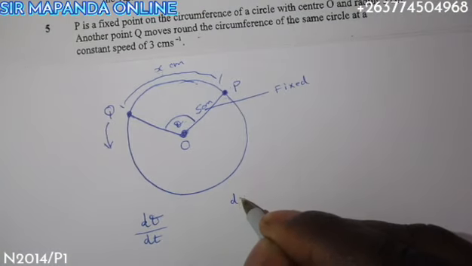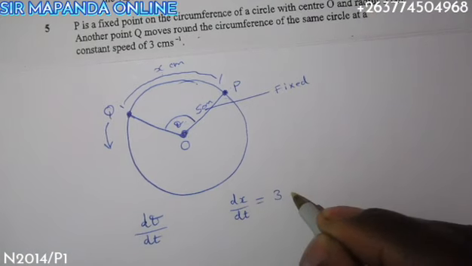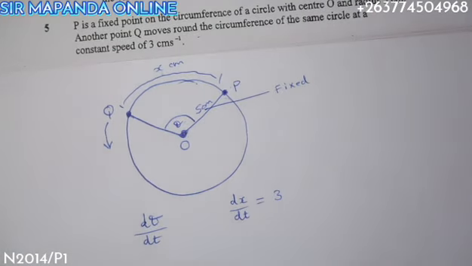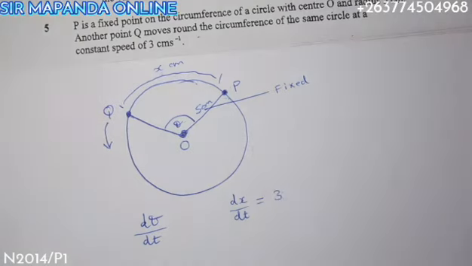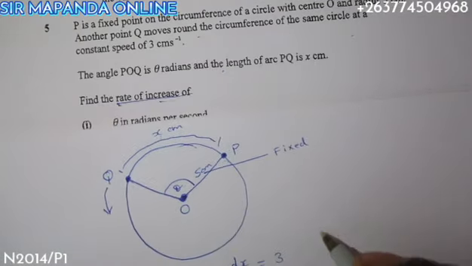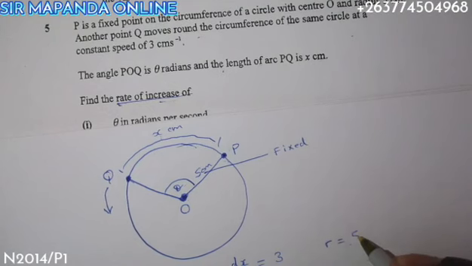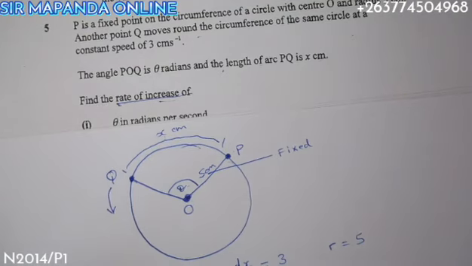So we are simply saying dx over dt is also going to be 3 centimeters per second, as Q moves by 3 centimeters per second. This is going to increase the arc. I hope you are following. Right, then we are given r as 5, which is your fixed radius.